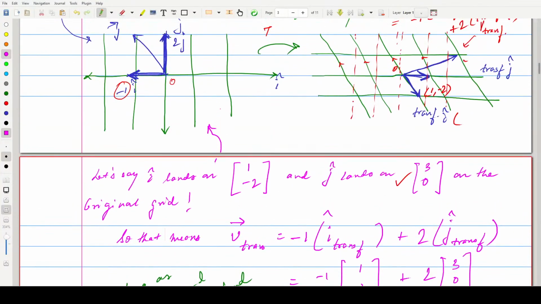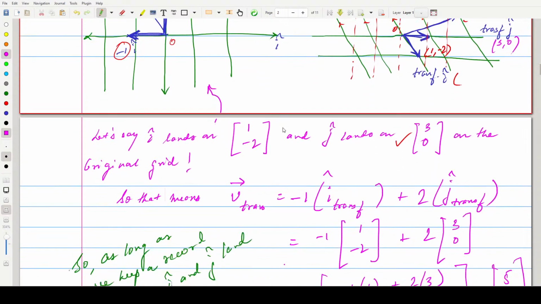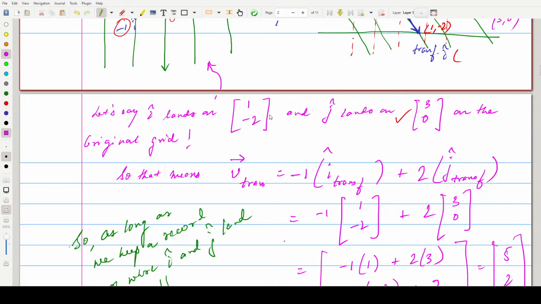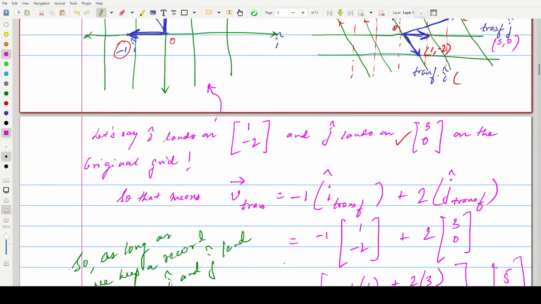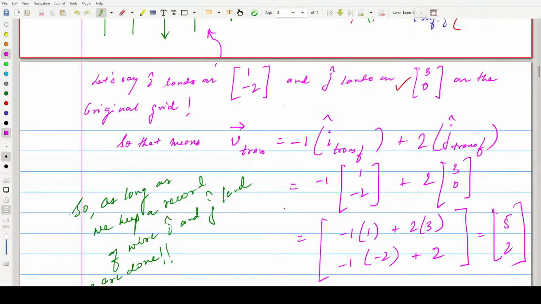So if j lands on 3 comma 0 and i has landed on 1 comma minus 2, although this does not look exactly like that, we'll just take it that they have landed where they are. What was our original vector? Our vector was minus 1 i cap plus 2 times j cap.